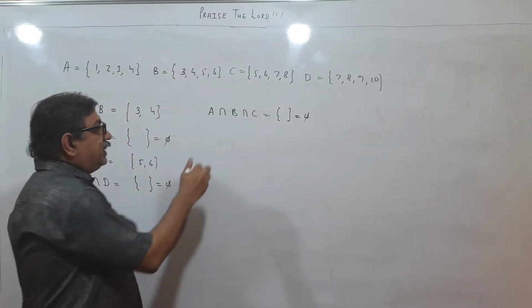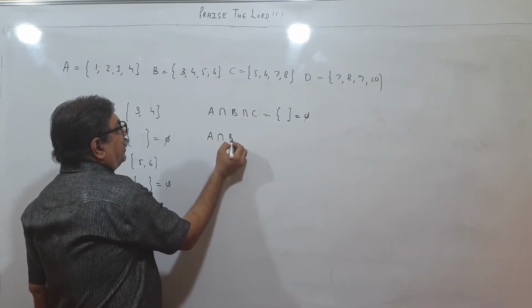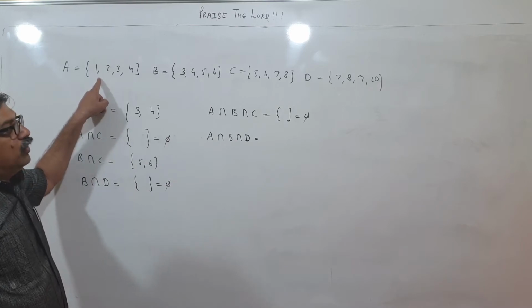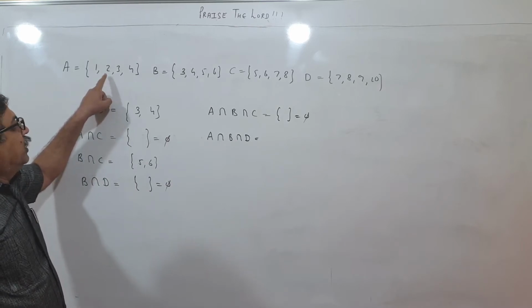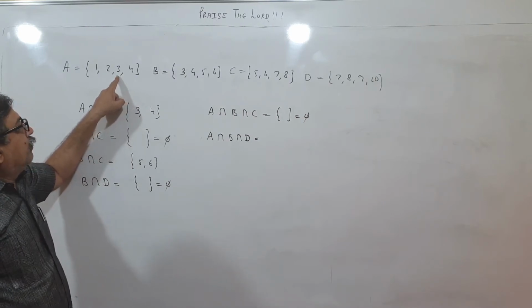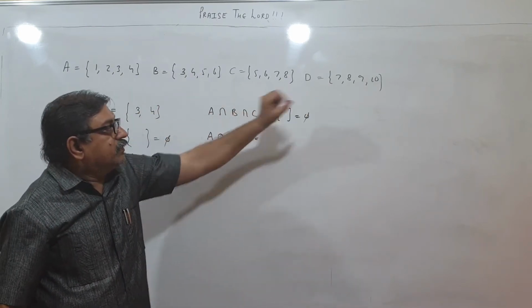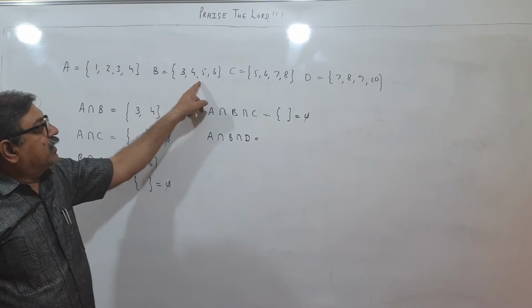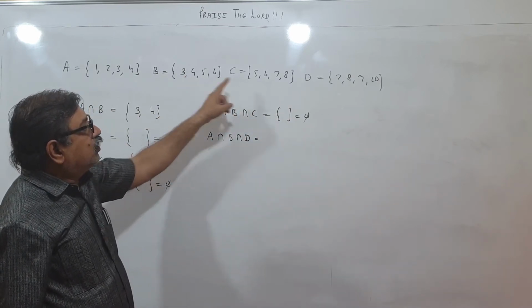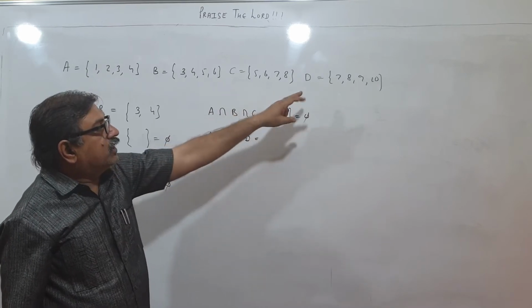Then A intersection B intersection D. Is 1 present in A, B, D? No. 2? No. Is 3 present in all 3? No. 3 is here and here but not here. 4 is here and here but not there. 5 is not there. 6 also not there.